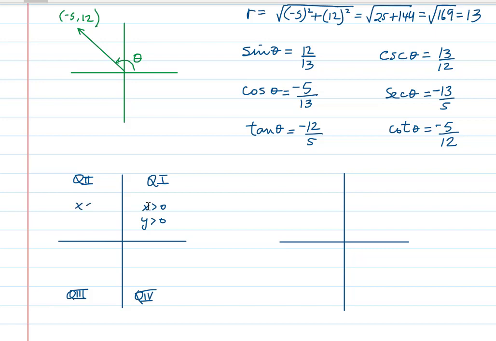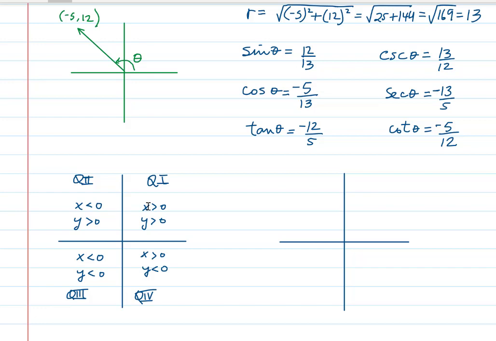So x is negative here, y is positive. Both x and y are negative, and then we have that x is positive here, but the y is negative on the 4th quadrant, right? So another way of representing the quadrants is with these intervals here.